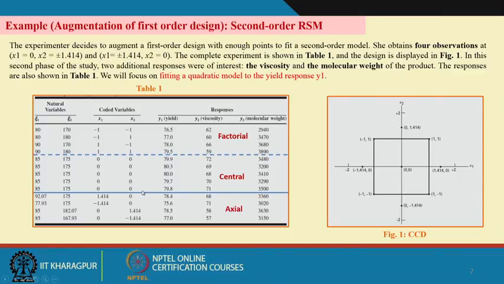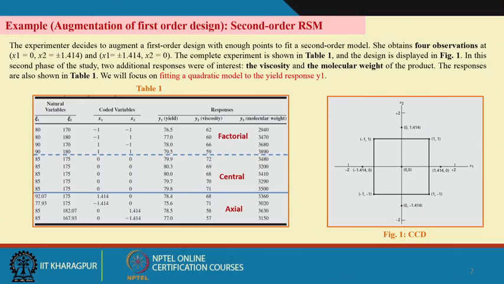Now, to fit the second order response surface, you require more observations, otherwise you will not be able to estimate all the parameters.